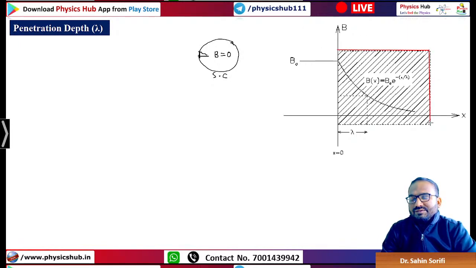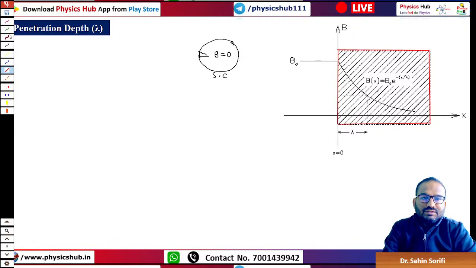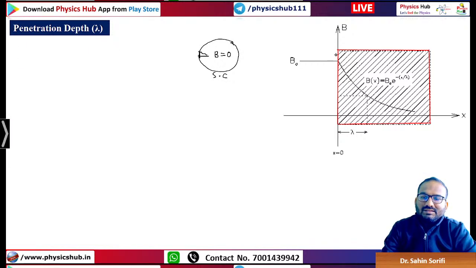So as you can see, the magnetic field is not suddenly dropping to 0 at the surface. It is varying in this way. B of x is equal to B naught, exponentially decaying. At a particular value of x, it becomes B naught by e, so 1 by e times the magnetic field at the surface.